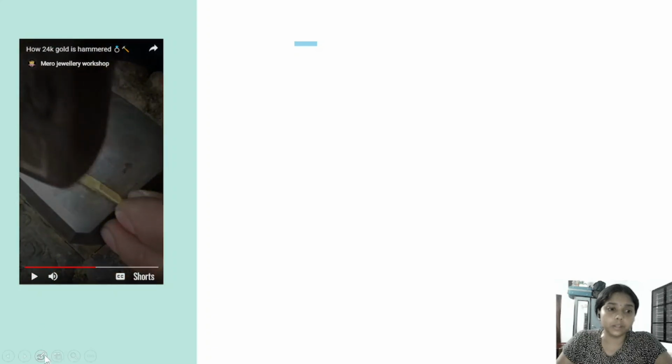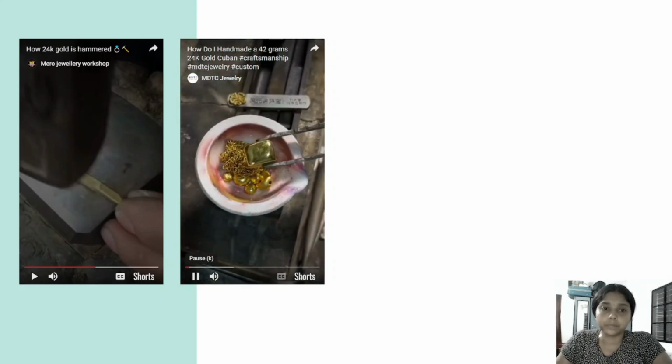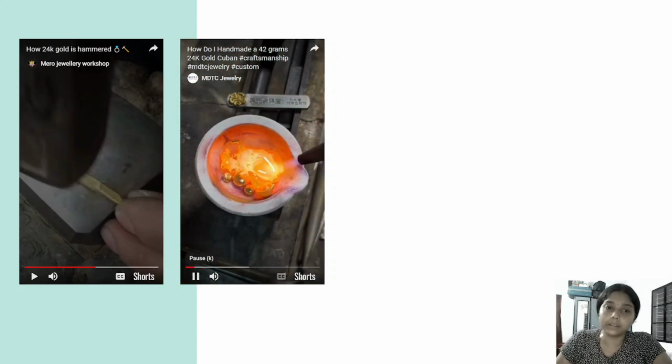What can you see here? A person is hammering a metal piece and it is getting flattened, right? Also, can you hear any sound? Yes, you can hear a sound. Next, it is a Sachin chain we wear. Let's see what's happening to the gold.